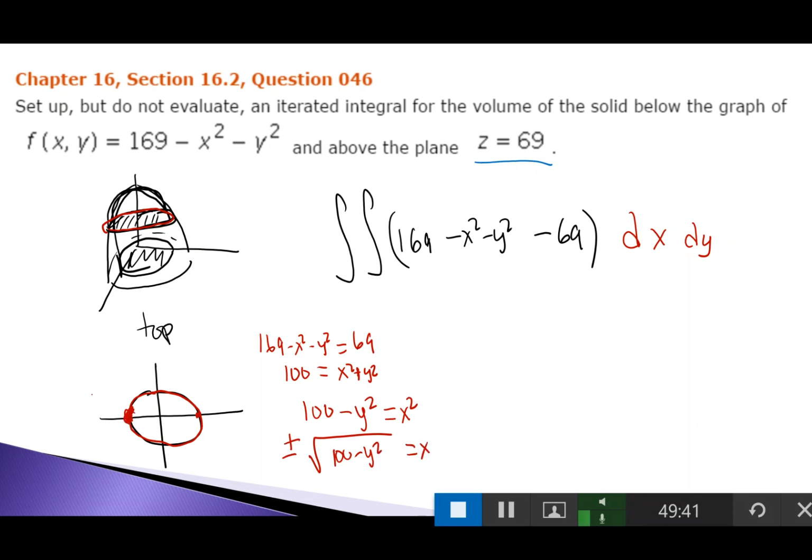So this is the left side. This is the right side. I work from left to right. So minus square root of 100 minus y squared up to plus square root of 100 minus y squared. And then my y values are easy. They are just the extremities, so minus 10 to 10. And there's our example.